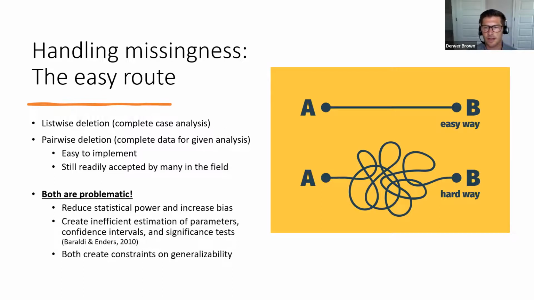And they also create constraints on generalizability. Because what we find is biased, we're limited in what we can say about it, but a lot of people still carry forward and give the implications or what should be done and how generalizable it is, even though they just got rid of whatever percent of their data that was available.